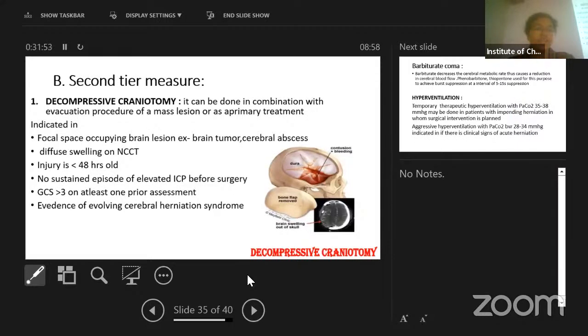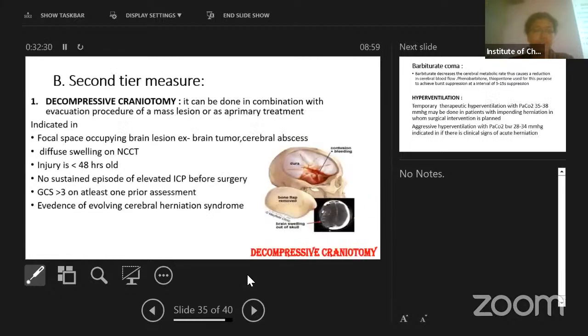Second tier measures: decompressive craniotomy. It can be done in combination with an evacuation procedure or as a primary treatment. These are indicated in focal space occupying brain lesions like brain tumor, cerebral abscess, diffuse swelling on NCCT, injury less than 48 hours old, no sustained episode of elevated ICP before surgery, GCS more than 3 on at least one prior assessment, and evidence of evolving cerebral herniation syndrome.